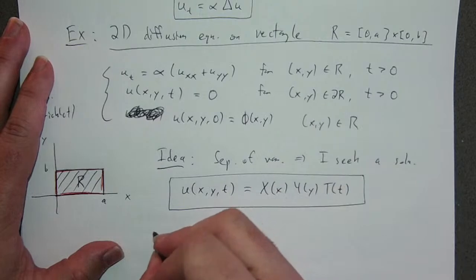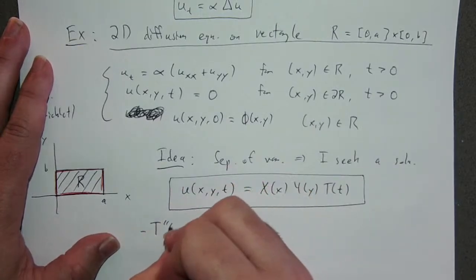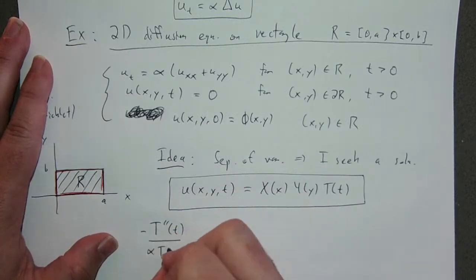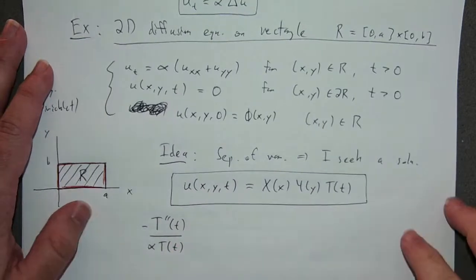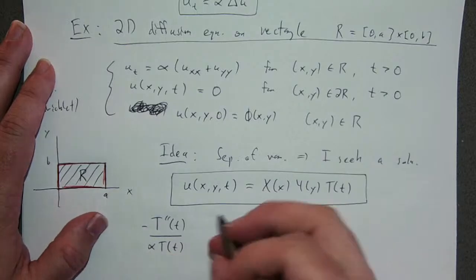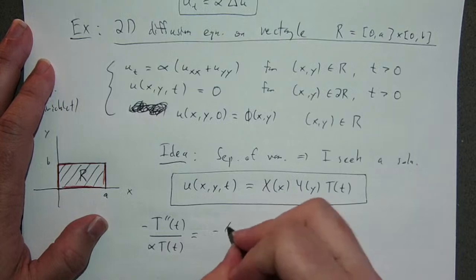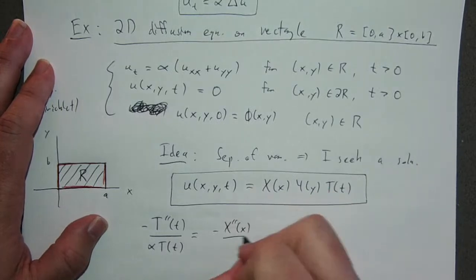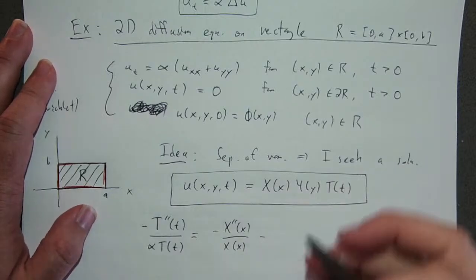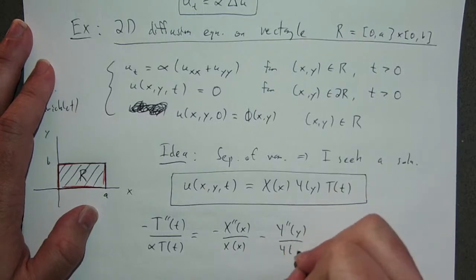So I'm going to have minus T double prime of t over, just as before, I'll put the alpha with the T. So I have minus T double prime over alpha T is equal to minus X double prime over X minus Y double prime over Y.